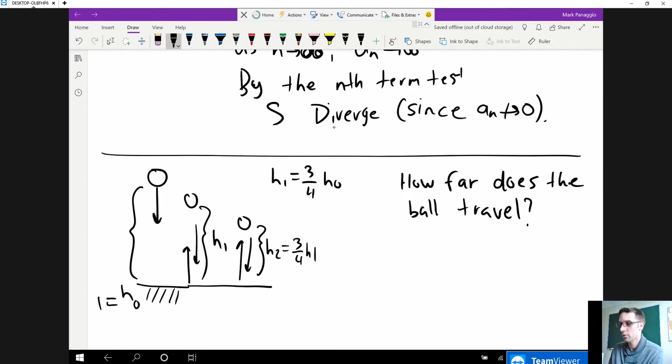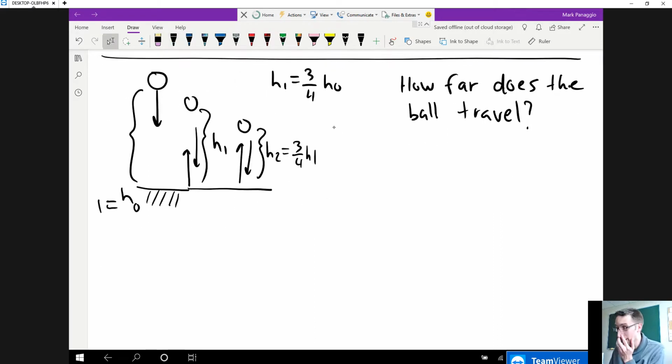The one after that will be 0.75 times 0.75, and so on. All right, so let's see if we can describe this. Let's let S be the total distance traveled. And you notice from the first drop, we're going to travel 1 unit, right? If we drop from a height of 1 meter, we'll travel 1 meter. And then let's just think about the downward part in a moment. Forget about bouncing back up.